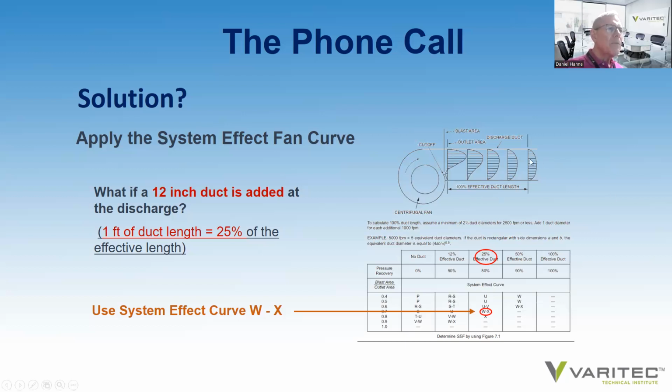Let's look at what if we added some straight duct length at the discharge of the fan? What if 12 inches of just straight duct is added to the discharge of the fan? That means that you can now use 25% effective duct length out of the 4-foot effective duct length we calculated. By doing that and looking at the blast to outlet area ratio, we see that system effect fan curve W through X can be applied.